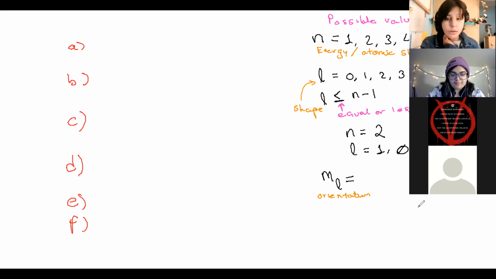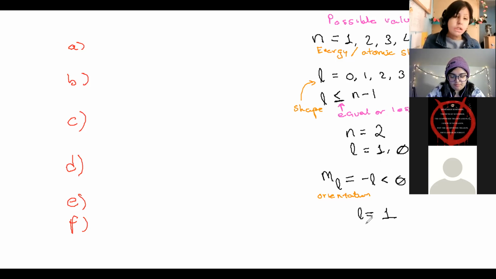So then if m sub L is the orientation, what is it related to? They're related to L, and they can be minus L to plus L. Minus L to L. So for example, let's go again with, let's say we have L equals 1.